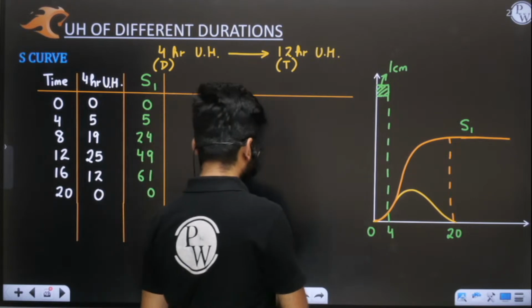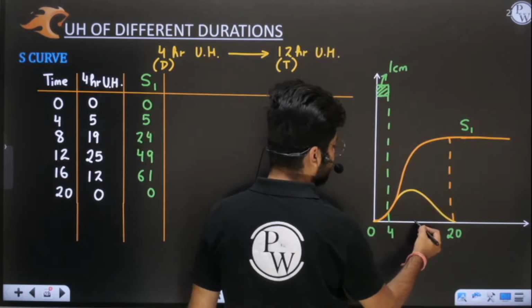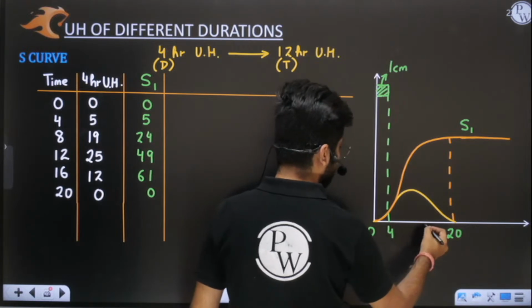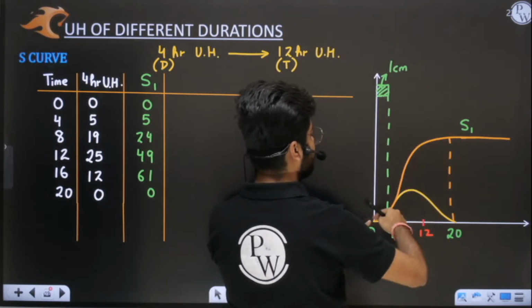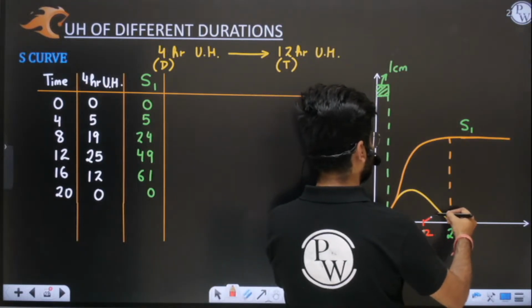I have to draw this graph again, but starting from 12. 12 will be coming somewhere here. My S curve is going from 0 to 20, and after that it becomes constant. Now I will start it from 12. Similar graph.